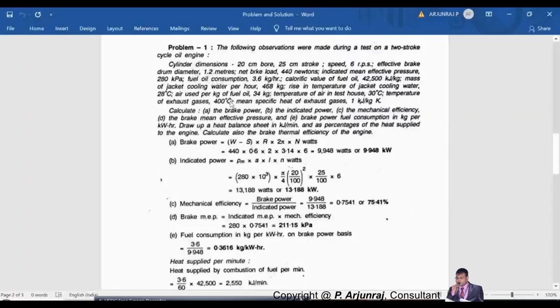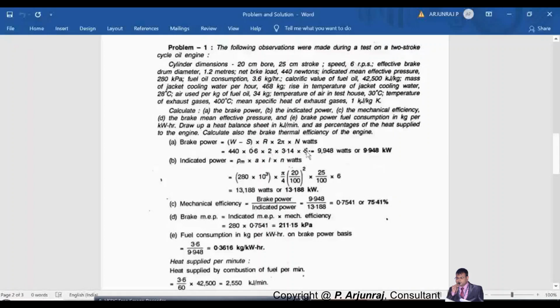Again you put the radius, which is almost the same, into 2. And 2 pi value is 3.14, and you put the RPM. 2 pi N is nothing but the speed, which is 6 RPS. Because we have to convert the value into seconds here, they have also given it in seconds.